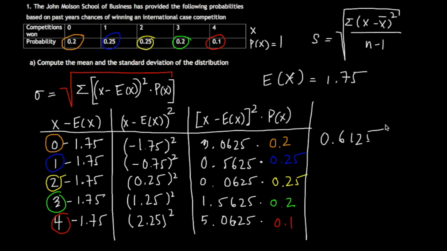The second one, 0.5625 times 0.25. So here we have 0.140625.